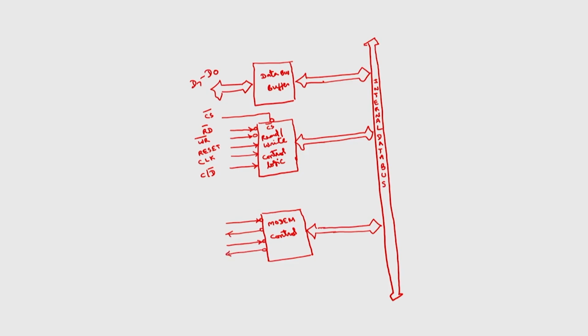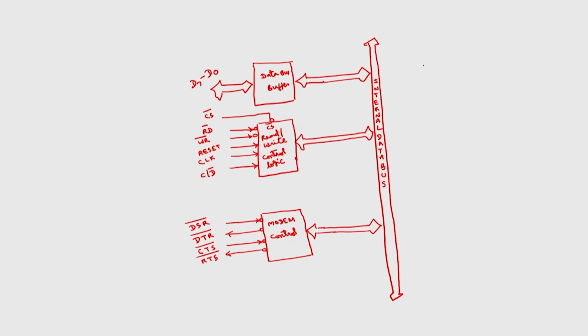Two are input signals and 2 are output signals. One is data set ready. I will explain the functions of all the signals in detail. Then data terminal ready, clear to send, ready to send. So, you have the different 3 blocks on this side.